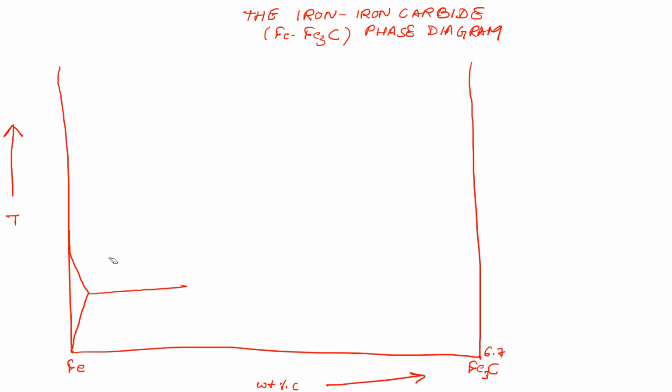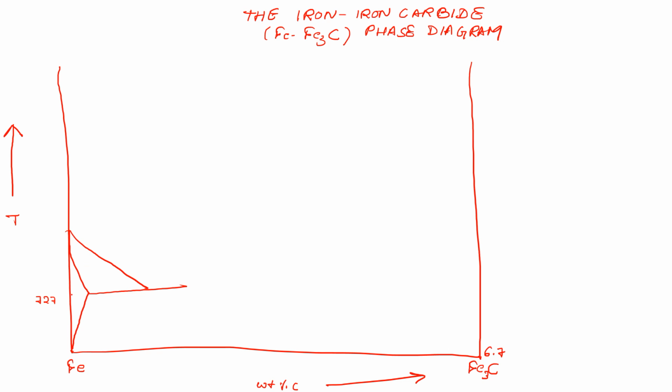The first reaction that comes here is the eutectoid reaction at a temperature of about 727 degrees centigrade. The scale is in degrees centigrade.